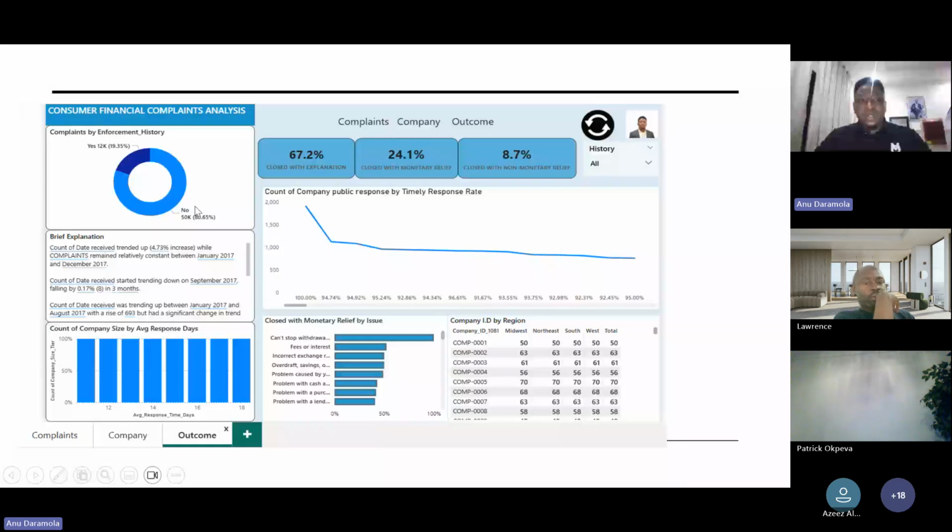So this just gives a brief explanation. I have something that says count of dates received trended up to 4.7% increase, while complaints remained relatively constant between January 2017 and December 2017. Just a brief insight.